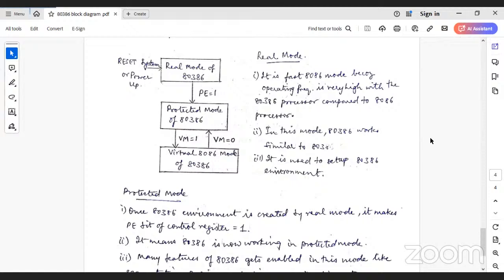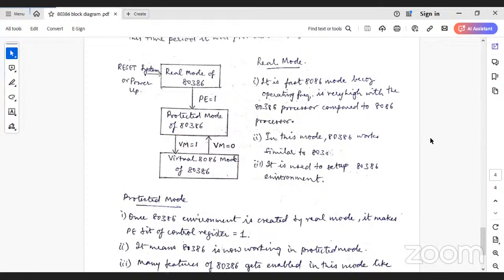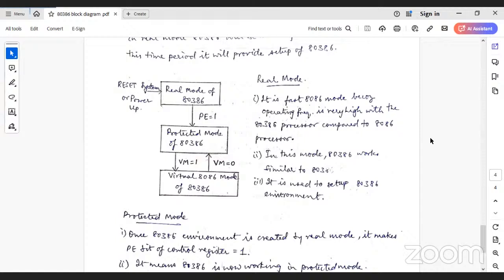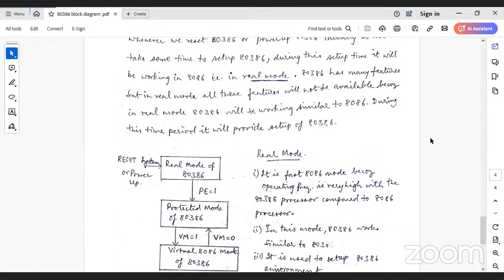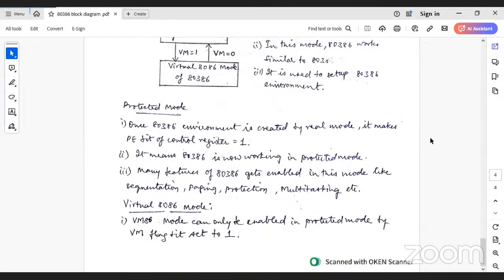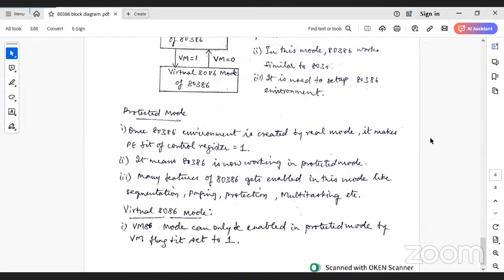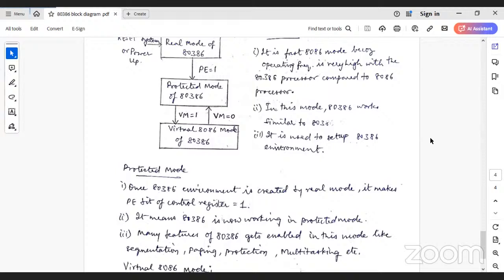Sometimes they have asked not about the virtual mode, but regarding the real mode and the protected mode, like what is the protection mode in your 8086. If you have to write about the protection mode, initially you have to discuss the real mode and then come to your protection mode. This is what you have to do. So this much I thought I would tell you on the 386 processor.